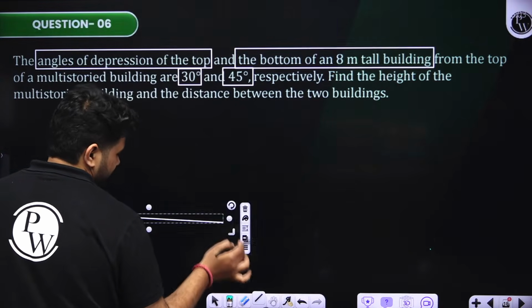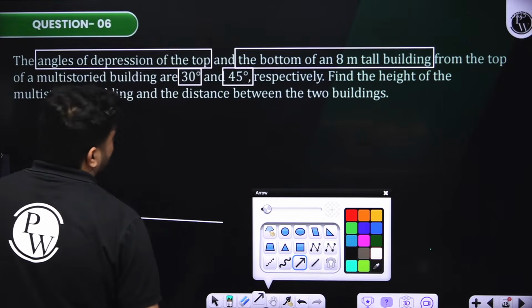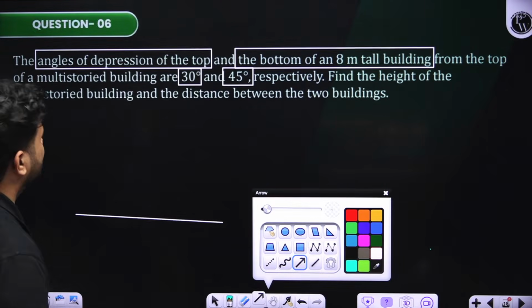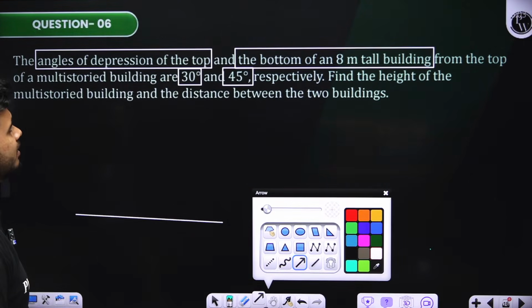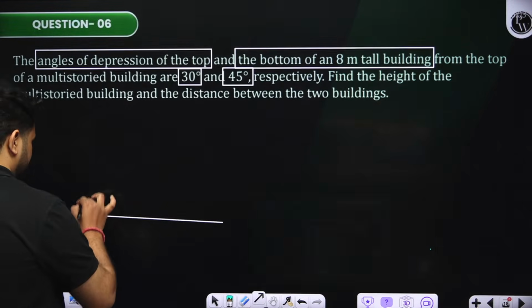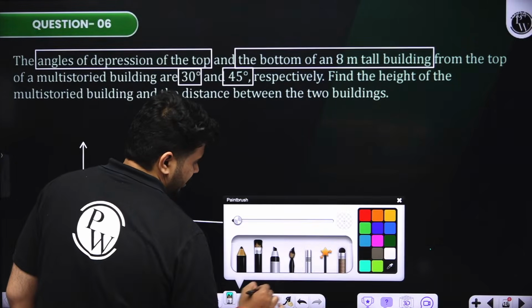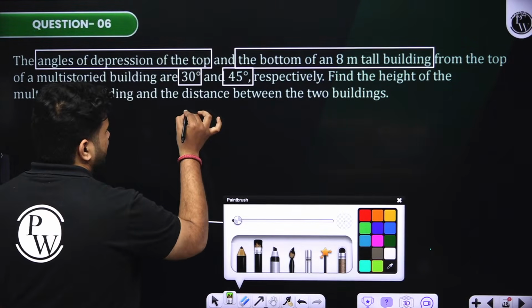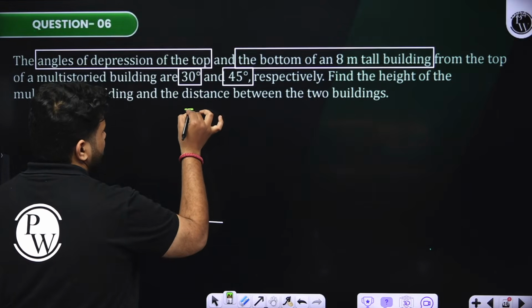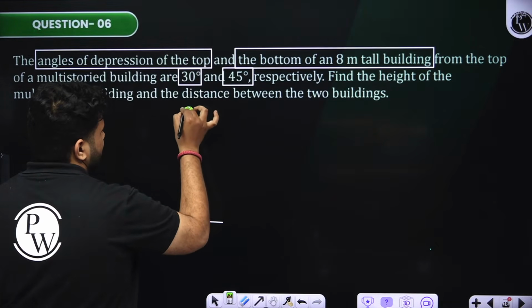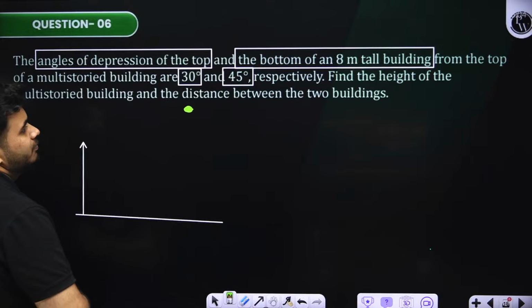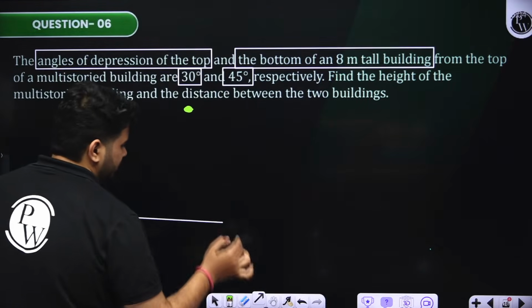Over here they say the angle of depression of the top and the bottom. This is the building over here. Now for the angle of depression, there should be an observer above this, the point is over here, from the top of the building.